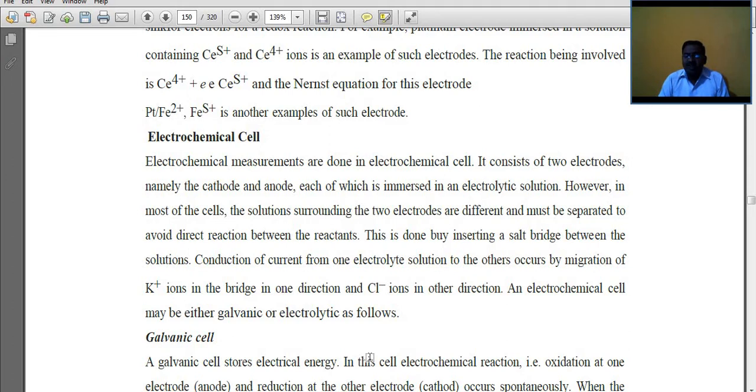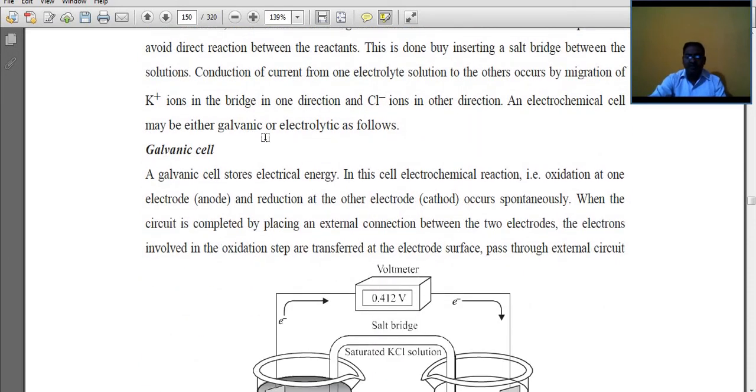This is done by inserting a salt bridge between the solutions. The conduction of current from one electrolyte solution to the other occurs by migration of K plus ions in the bridge in one direction and Cl minus in the other direction. The electrochemical cell may be either galvanic or electrolytic.